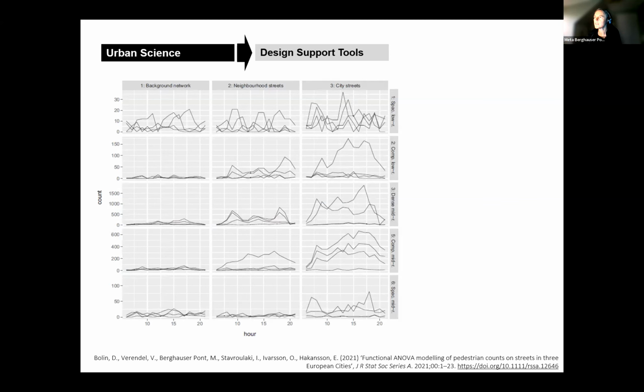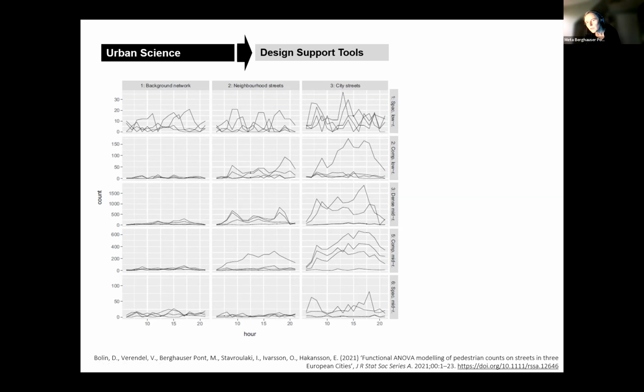So what you see in this diagram, it's a lot of things that are going on here. But first of all, you see the different street types. Those are the vertical columns. You see that the pedestrian counts increase if you sort of not look at all the details, but you see that they go up. You also see that the same goes for the density type. So what you actually can see here is that the combination of the two is very, very explanatory.